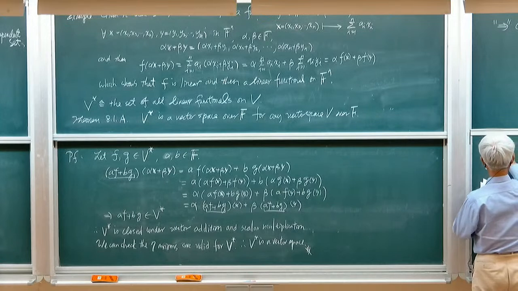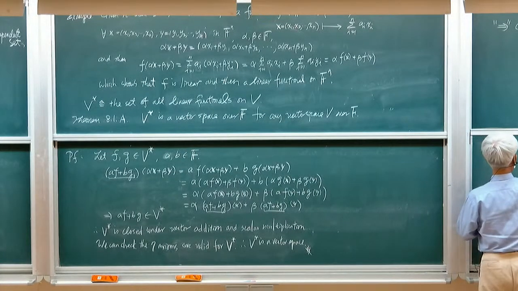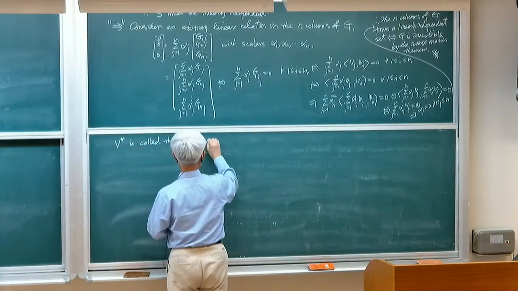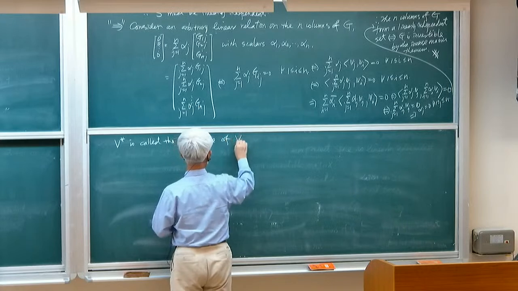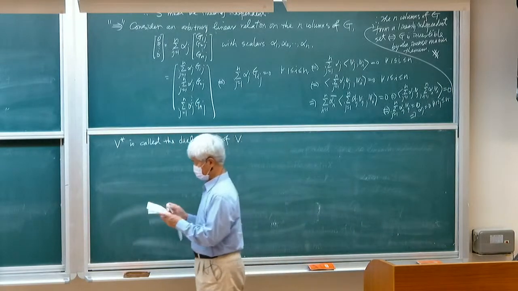And so V star is called the dual space of V. So this is called the dual space of V.